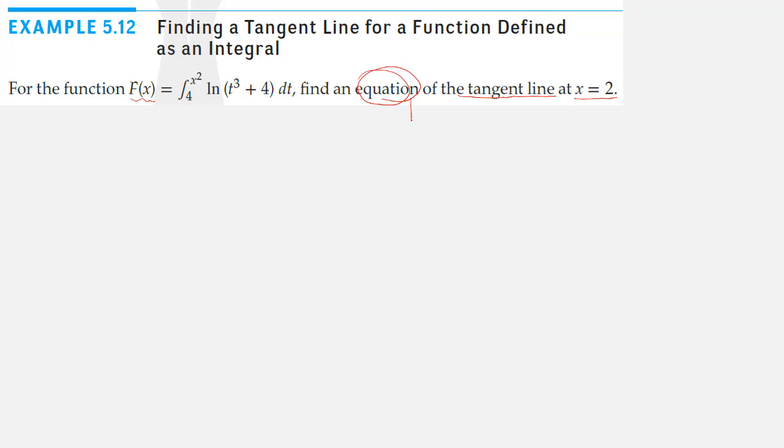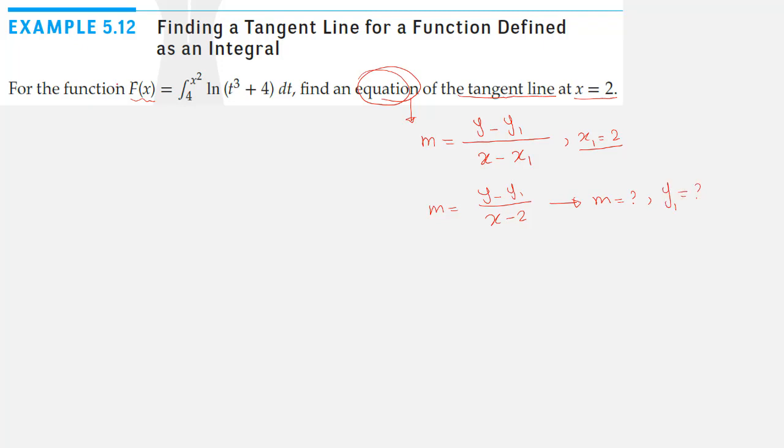So the equation of the tangent is the slope m equal to y minus y1 over x minus x1, where x1 is equal to 2 because they want it at x equals 2, so m equals y minus y1 over x minus 2. So what we need from here is to get the m and to get y1.